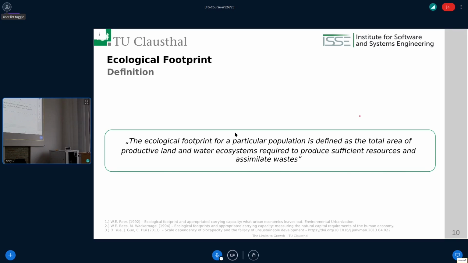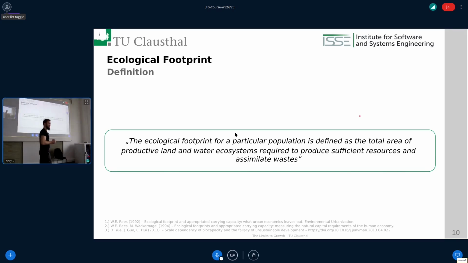And other countries, especially less developed countries, use radically less, and we're essentially borrowing from them, but still exceeding what we should do, as we have seen last week with these Earth overshoot graphs that I showed you, that we essentially live 5 months a year on a credit that we will never pay back.